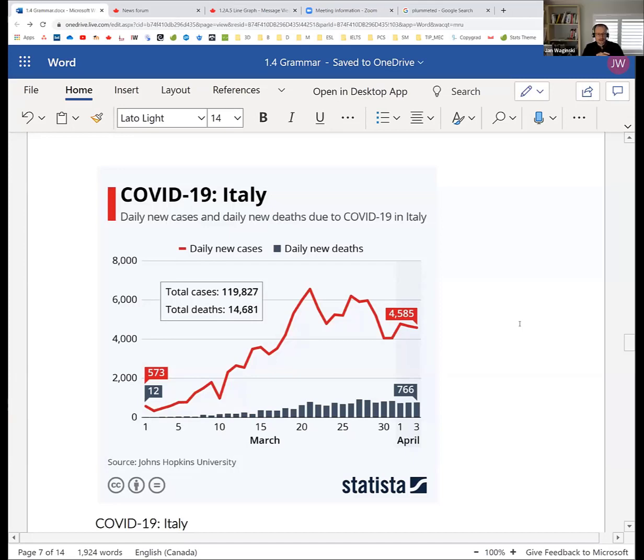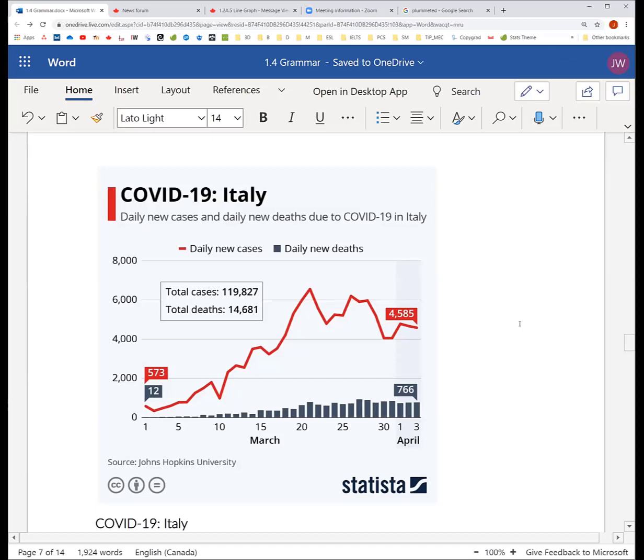Yes. And then your next sentence starts with generally speaking, in general, overall. So overall, what is the purpose of the graph? What does it want to show us?